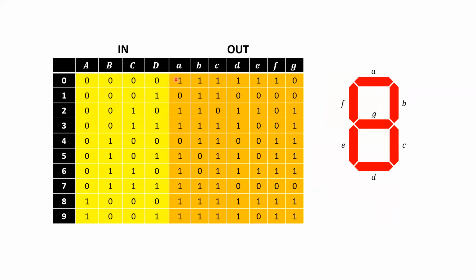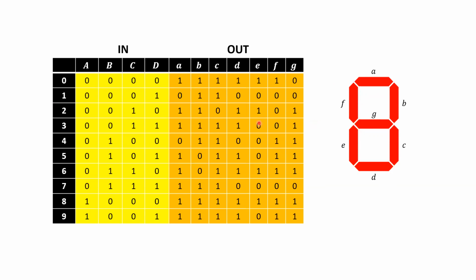For example, if you pick 0, then all the segments should be on apart from the middle segment G. And indeed, that's what we see. So A to F are 1, but G is 0, so it's off. If we pick another example, like 3, then we want E and F to be off.